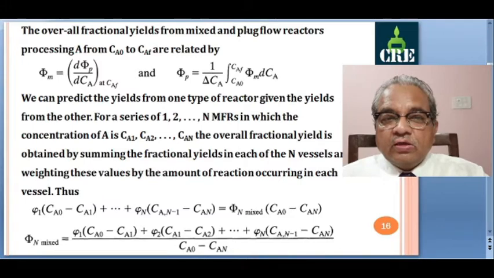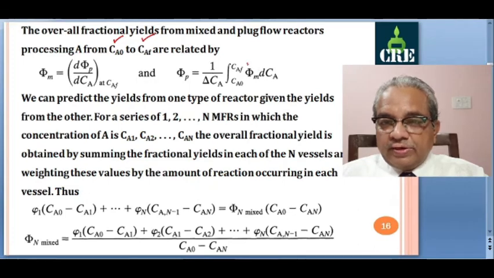The overall fractional yields from mixed and plug flow reactors processing species reactant A from Ca0 to Caf can be related. As we know, capital phi P is 1 upon delta Ca, integrated from Ca0 to Caf, phi m into delta Ca.